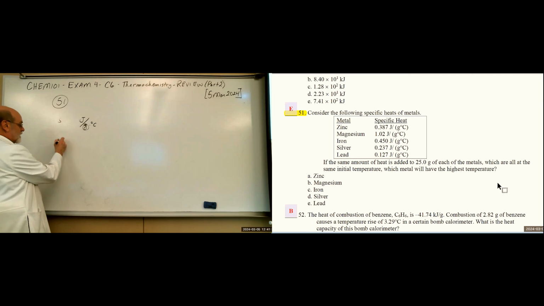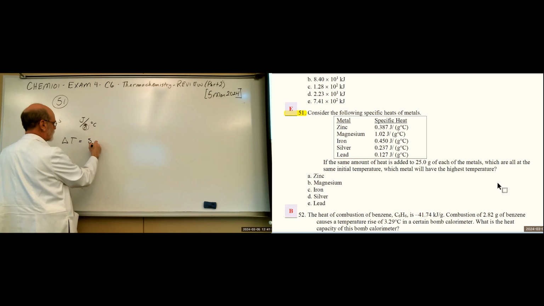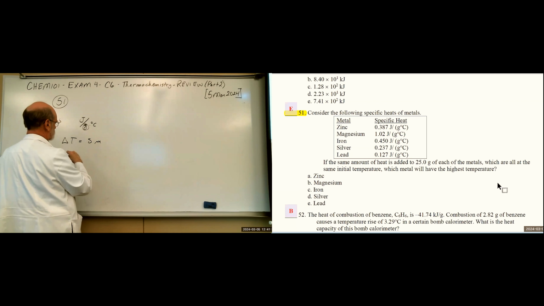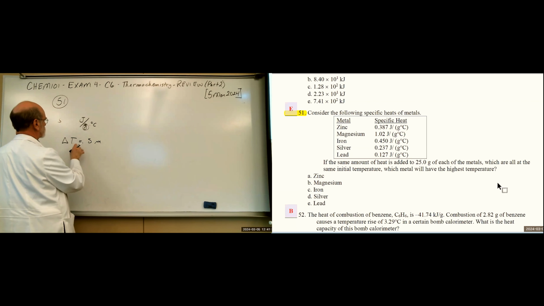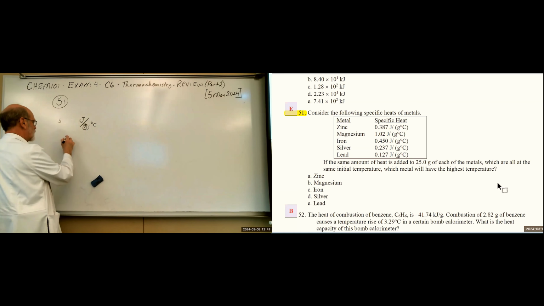We could look at it with our formula also. Right, specific heat times mass. Is that right? Oh, excuse me. What am I doing? Q, I was thinking of something else.